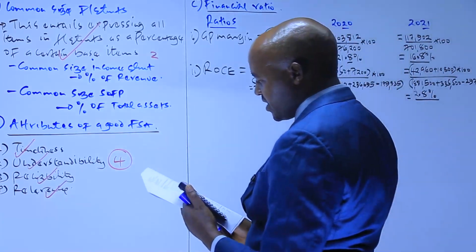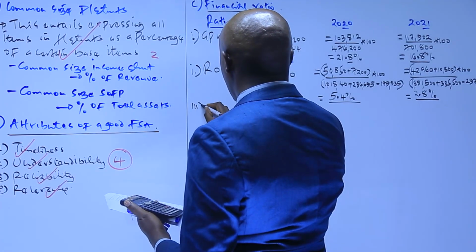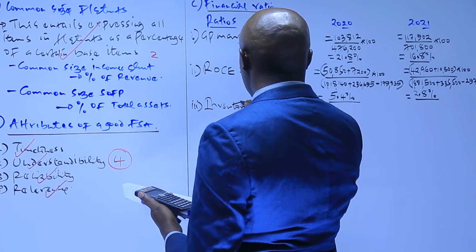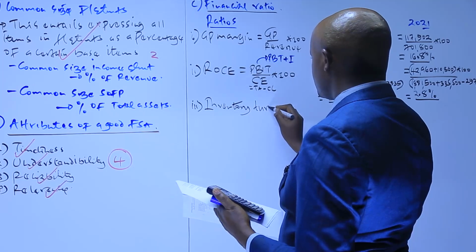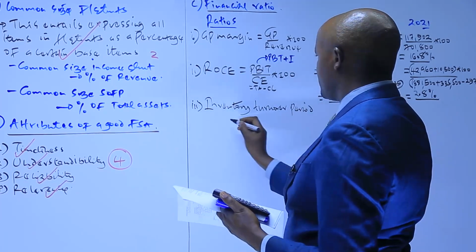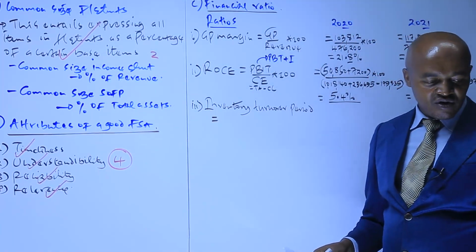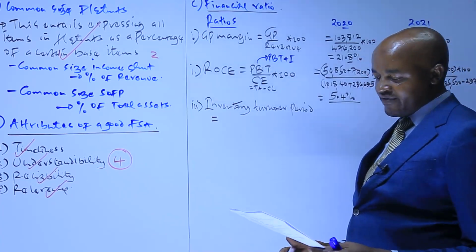So let's move to the other ratio, number 3. Number 3, we have inventory turnover period. This is a ratio generally computed to determine on average the number of days this company was taking to convert inventory into sales.